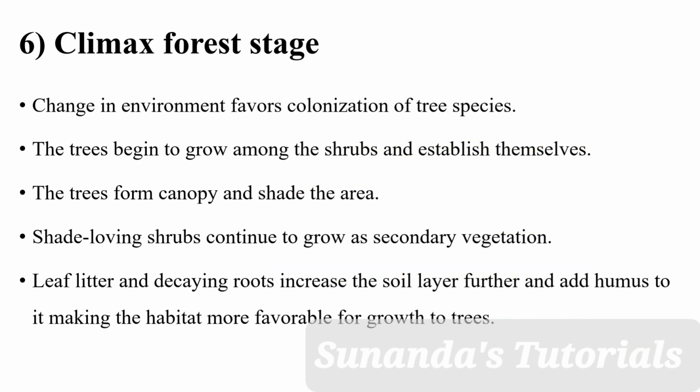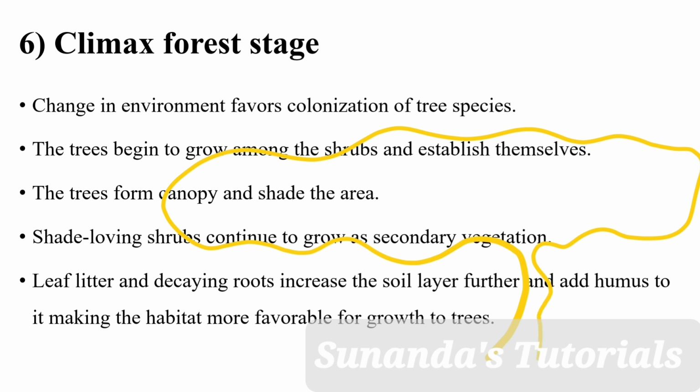Then the shade-loving shrubs continue to grow as secondary vegetation. So there are large trees, and there are some plants which can grow at these places, and they are shade loving because the shade of these branches helps them to grow.